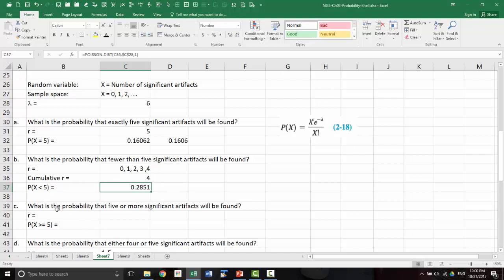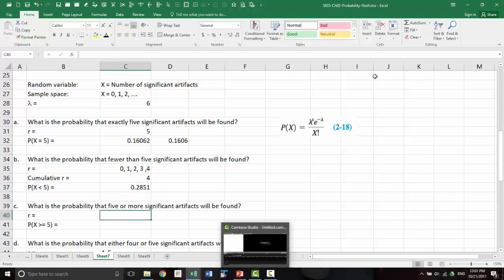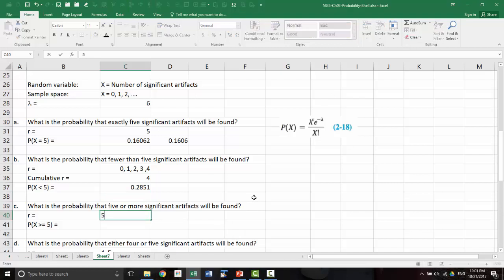The next question is, what is the probability that 5 or more significant artifacts will be found? So here the possible values for r are 5, 6, 7, and on and on. Now we have a problem. We cannot compute the probability of all of these possibilities and add them up.